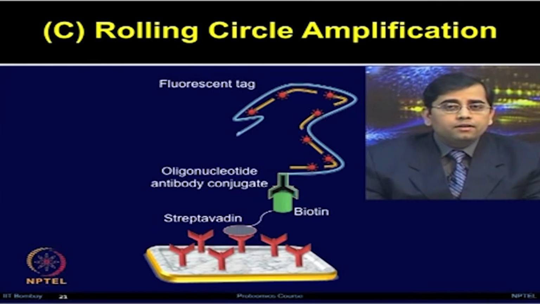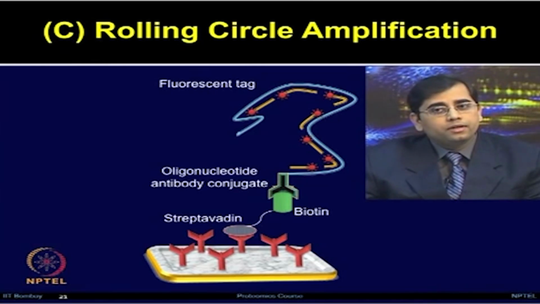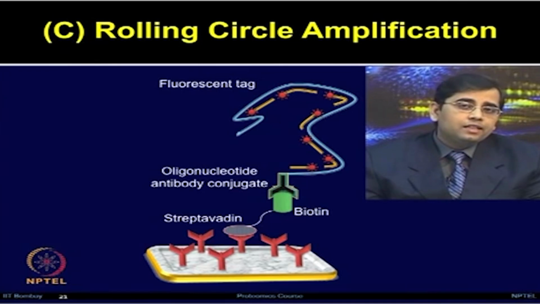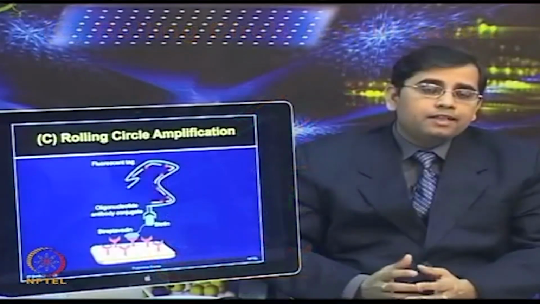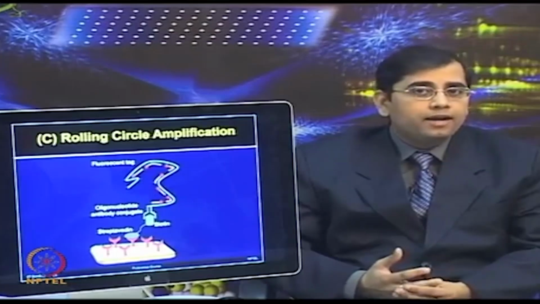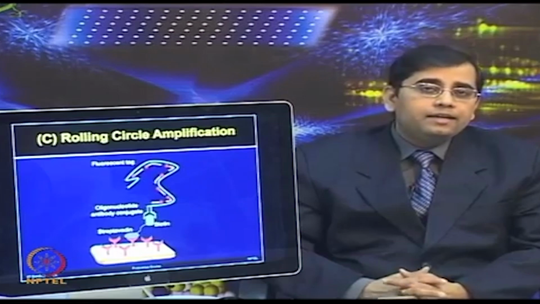The two-color rolling circle amplification method has also been used for detection of various labeled proteins from serum samples that are captured on antibody microarrays. This two-color RCA method produced 34 times higher fluorescence as compared to the direct or indirect labeling approaches.